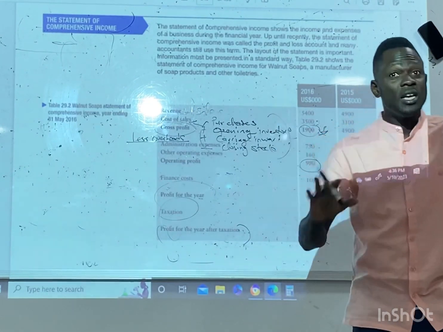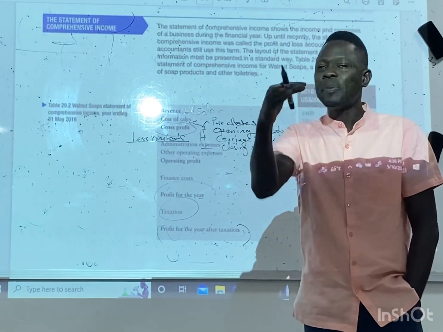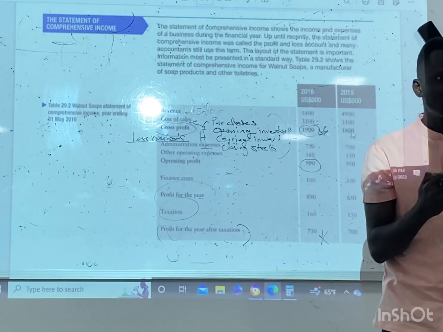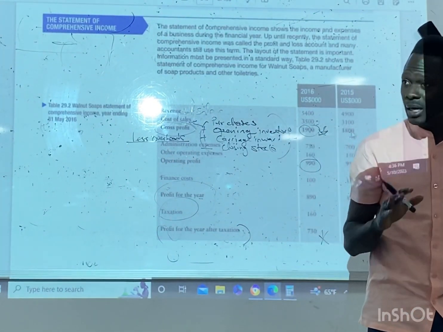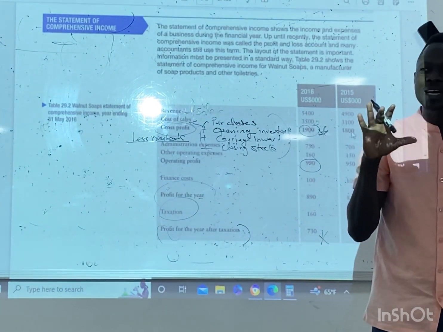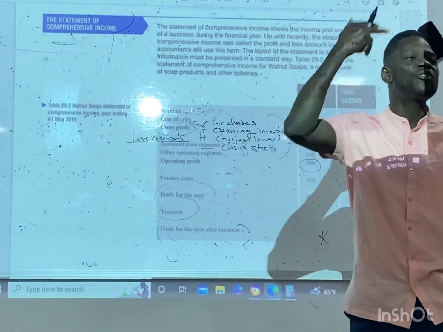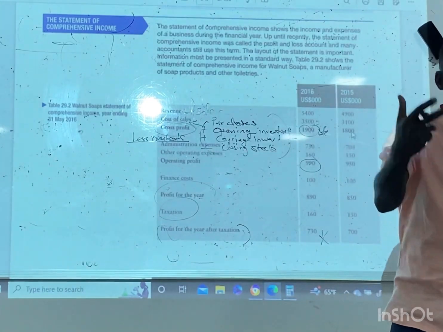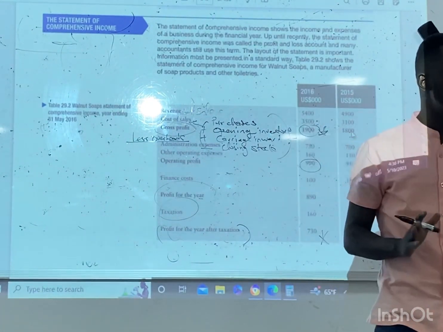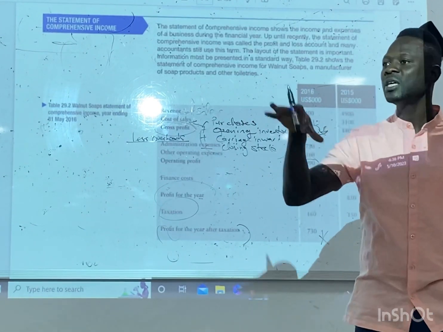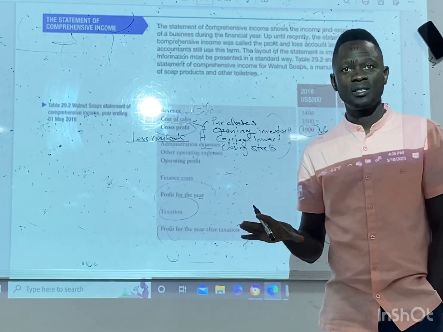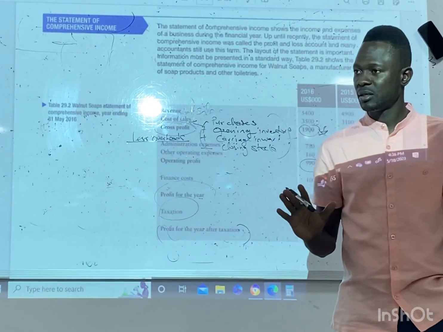It's an expense. Your loan is separate. Please be here. The loan you take from the bank is not in the income statement. But the interest you have to pay on the loan is part of your income statement. The loan is going to be part of your statement of financial position because it's a liability.